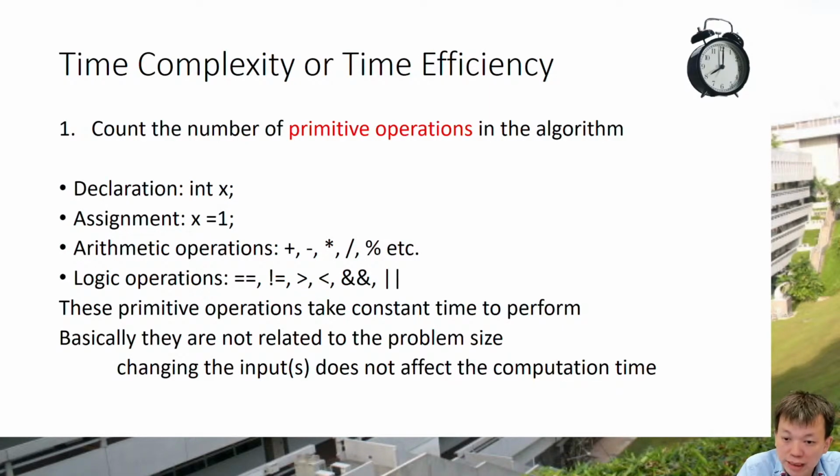So each individual operation is basically not related to the problem size. That means whether my input is bigger or smaller, each operation, declaring a variable, assigning 1 to x, a simple summation, subtraction, or multiplication between two numbers, is not affected. When the problem size or input changes, it should not affect the operation time.